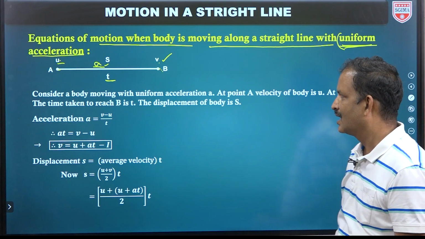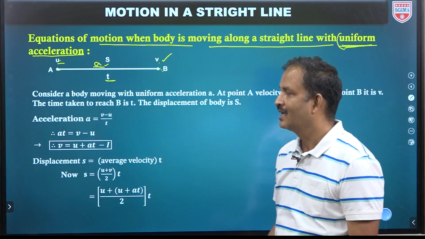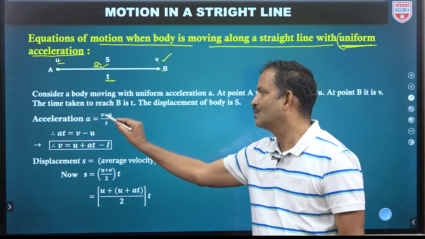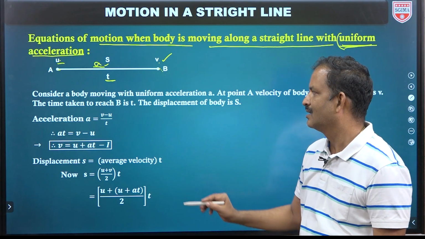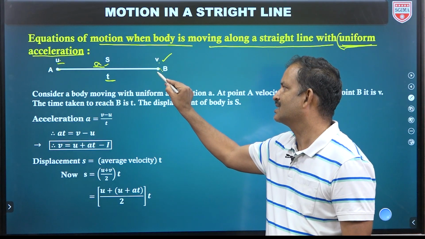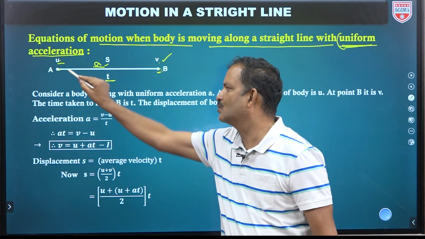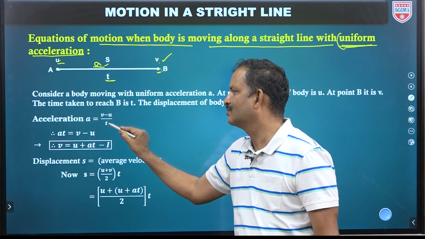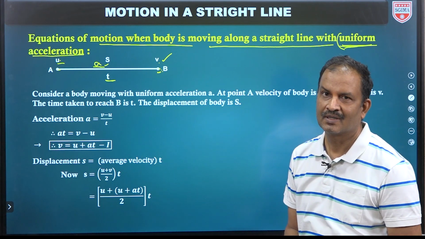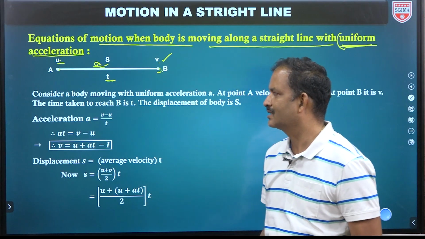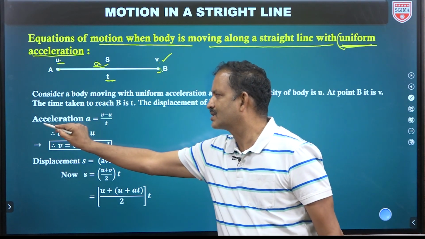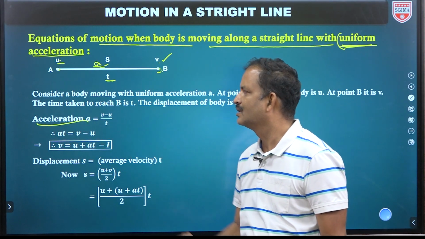Now, we know that acceleration is the rate of change in the velocity. Change means v minus u. Rate means divided by time. Kinematics starts with this definition.